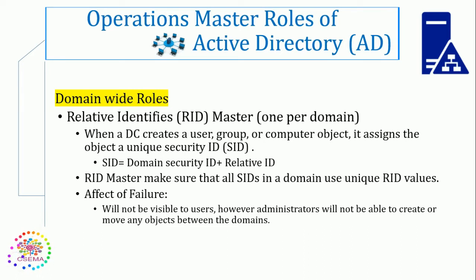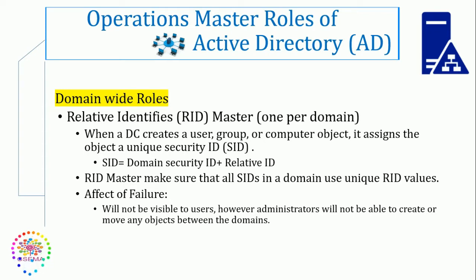And the RID master is responsible for assigning relative identifiers to the domain controllers in the domain. The RID master basically assigns a block of 500 identifiers to each domain controller. And when 50% of the supplied RIDs is used, it contacts the RID master to request a new supply.